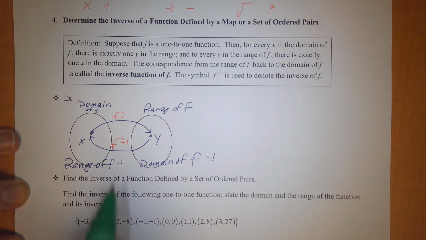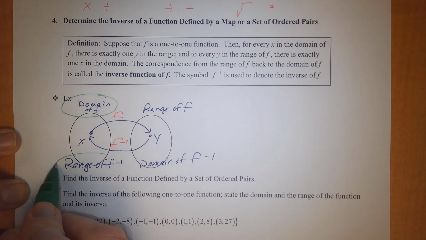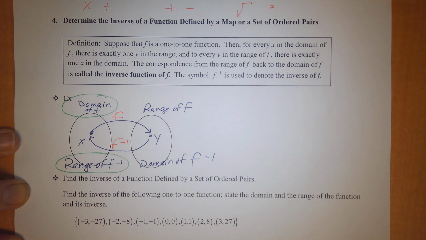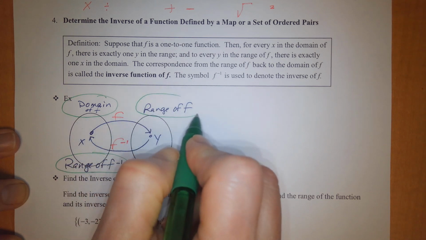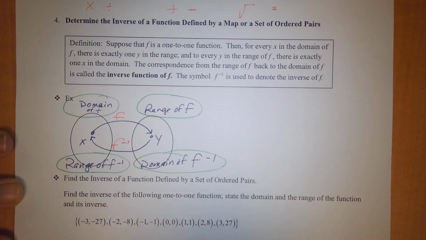So you're going to notice that the original domain of the function and the range of the inverse will be the same. Also, the range of the original function and the domain of the inverse will also be the same.